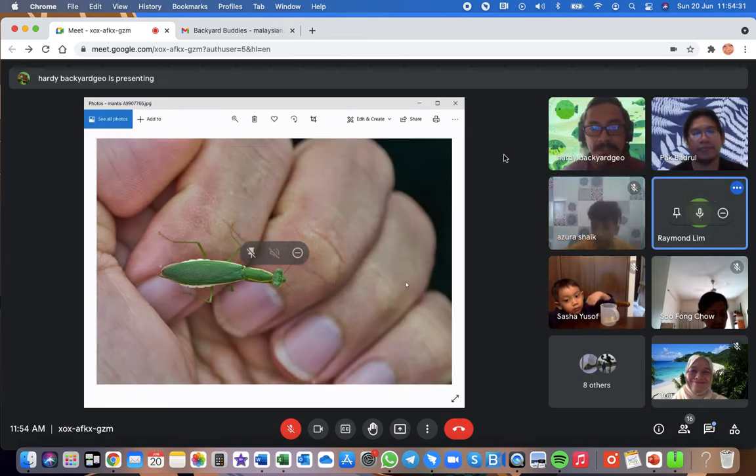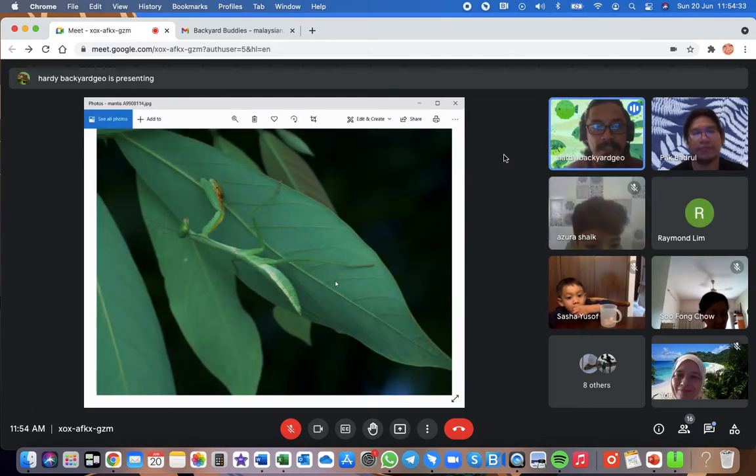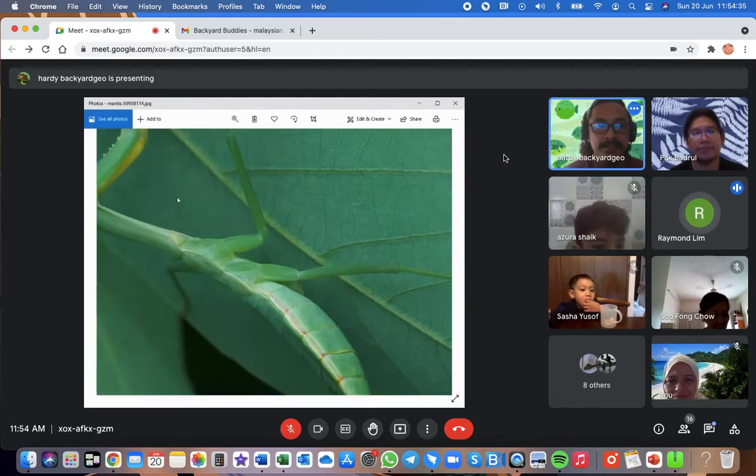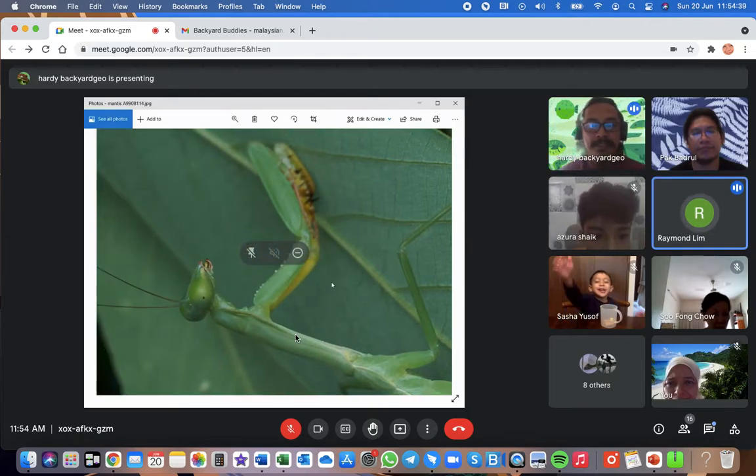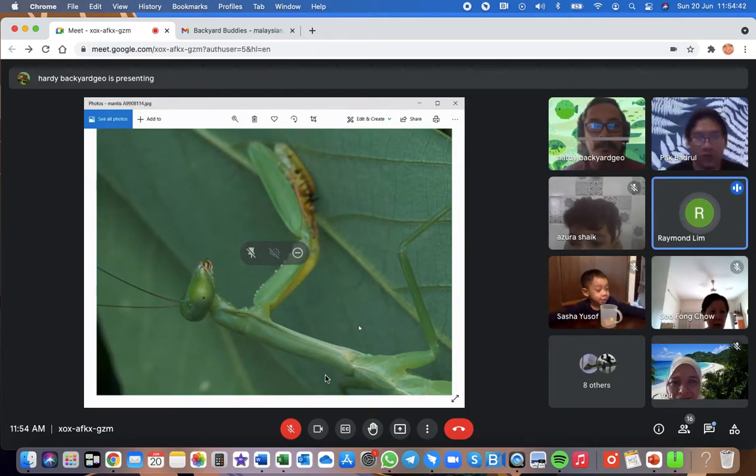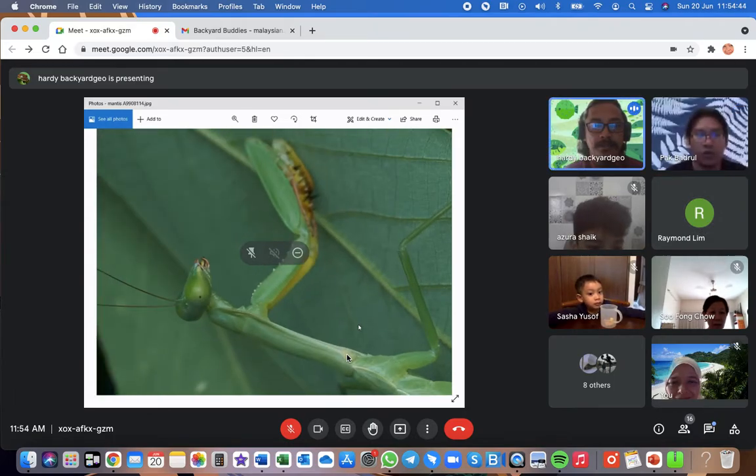Okay, next one we have a bigger mantis. What is this? This is another praying mantis. Oh my goodness, it looks so scary. Why does it look scary?